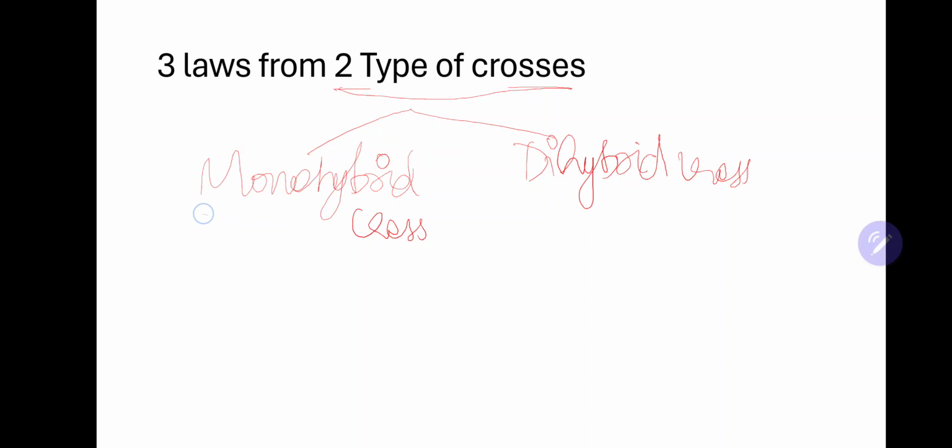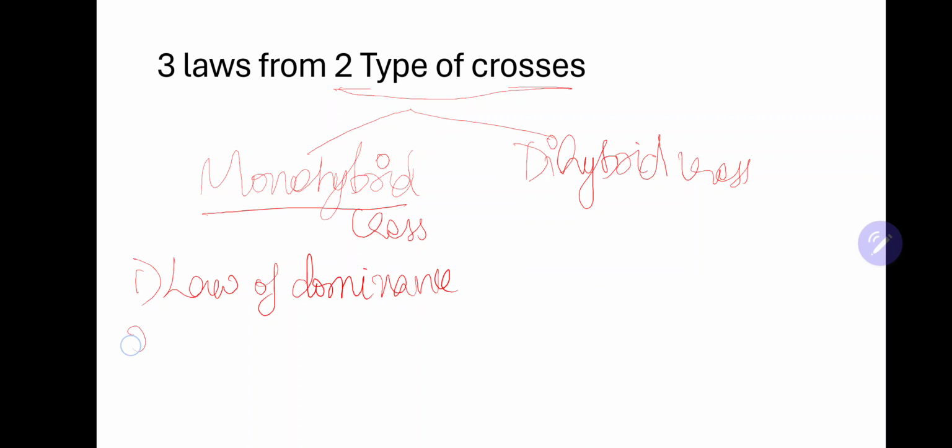So, from the monohybrid cross, 2 laws were derived by Mendel. Which were they? First one was the law of dominance, and the second one was the law of segregation.